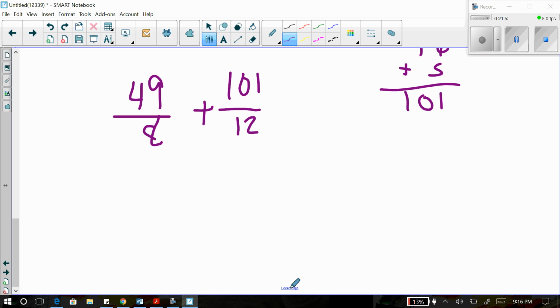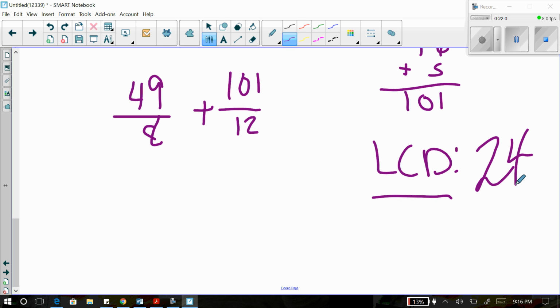Then we say to ourselves, the smallest number that 12 and 8 both go into is 24. So 8 times 3 is 24. 12 times 2 is 24.